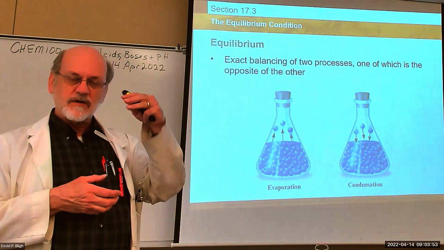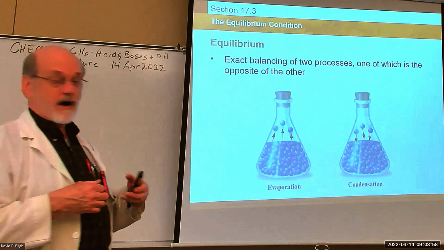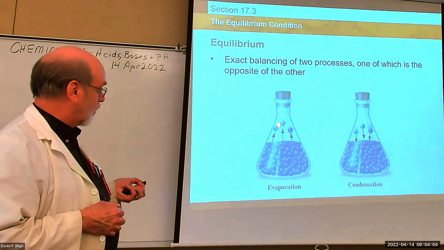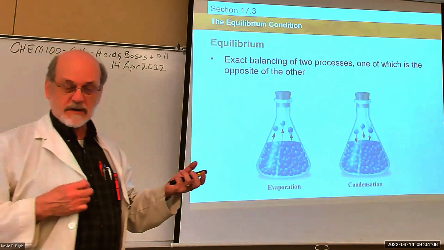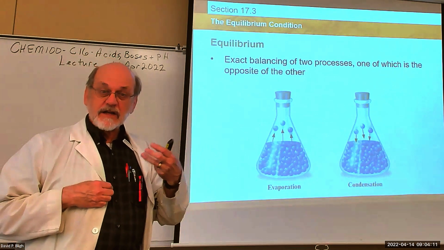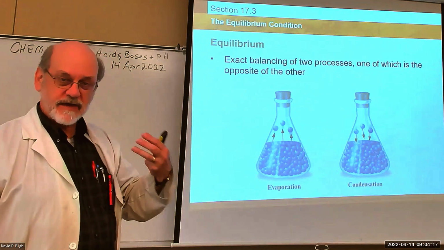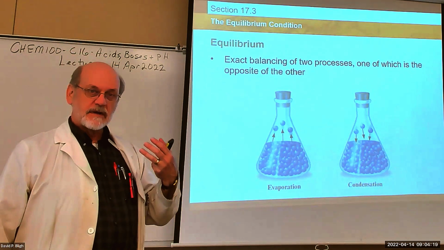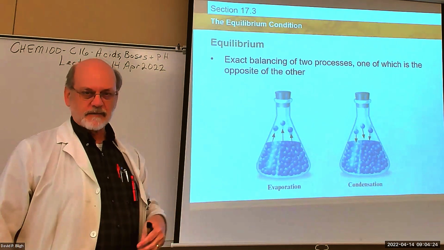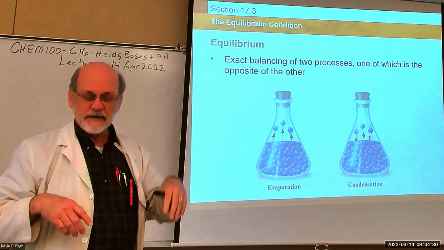And if the container is stoppered, sealed off from the outside, then you gradually build up more and more of those molecules from the liquid in the vapor phase. Initially, it's all one way, but eventually you get enough of the vapor molecules in the vapor phase that some of them start returning to the liquid phase. So you get this transfer from liquid to gas, gas to liquid.